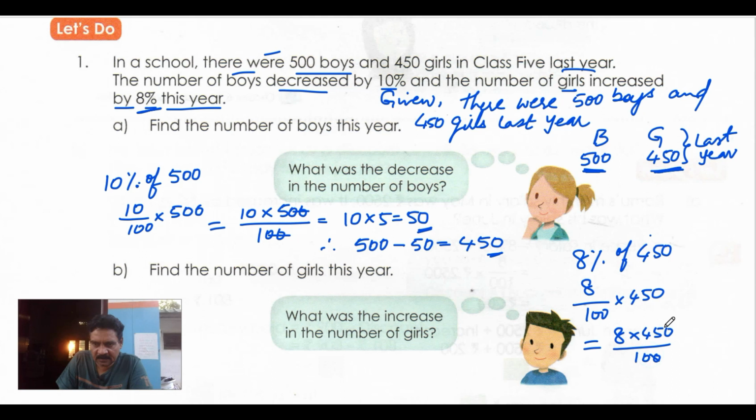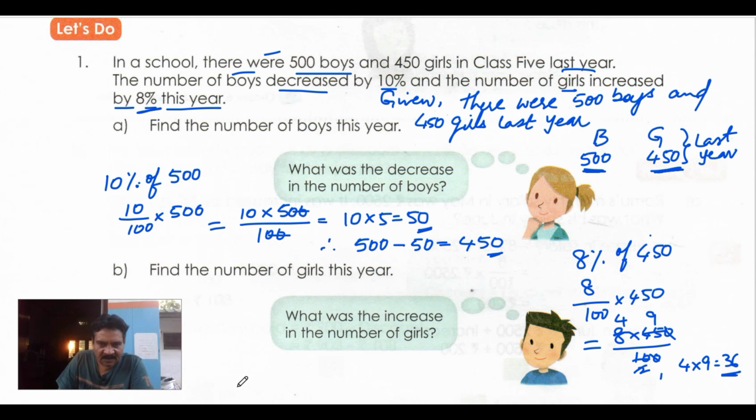This zero gets cancelled, right? 5 2s are 10, 5 9s are 45, 2 1s are 2, 2 4s are 8. 4 into 9 is equal to 36. Now this 36 girls are increased compared to the last year.